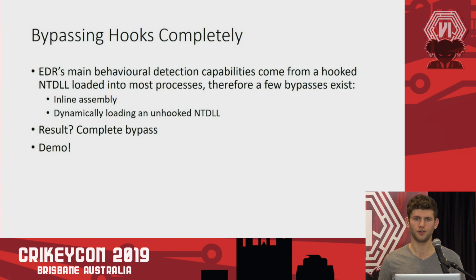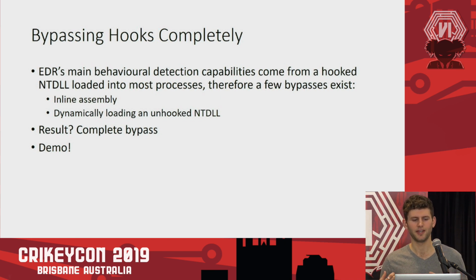So if you want to call NtReadVirtualMemory to read the memory of a different process like LSASS, you want to parse the export table of the NTDLL that you've just loaded up, find the location of NtReadVirtualMemory, and then just use that as your function pointer whenever you want to read virtual memory. Or you can overwrite your current pointer, which currently redirects to the EDR's DLL, and just patch that again yourself.